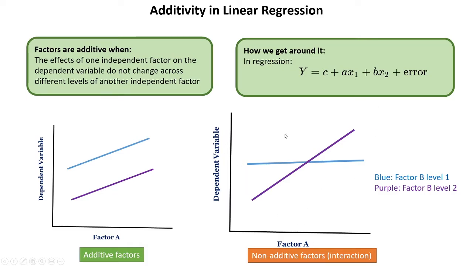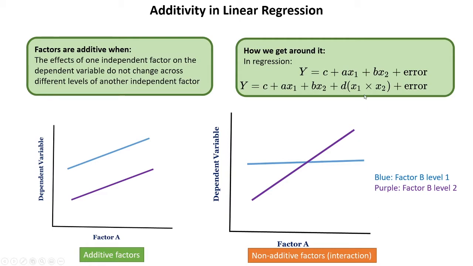So dependent variable equals slope-intercept plus slope times independent plus slope times independent plus error. Okay, it's a lot to say, but you see what that is. That's a normal equation for a multiple regression.